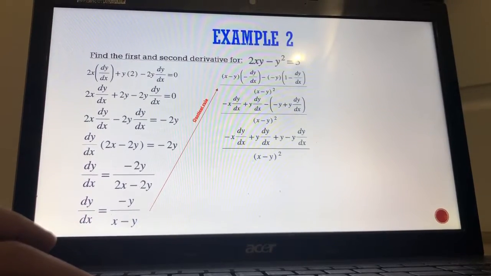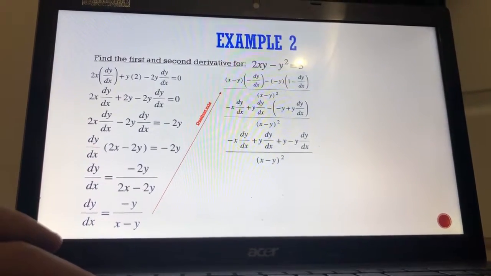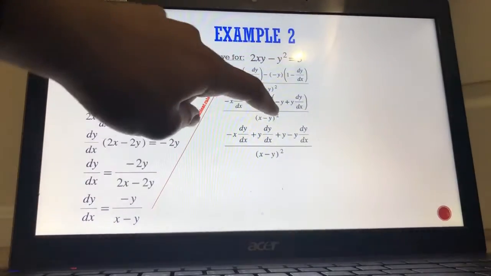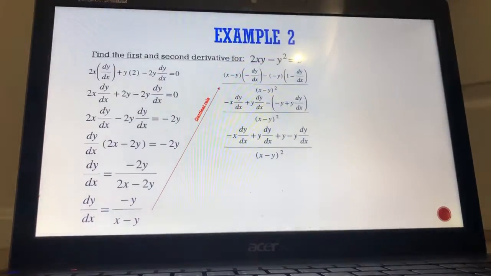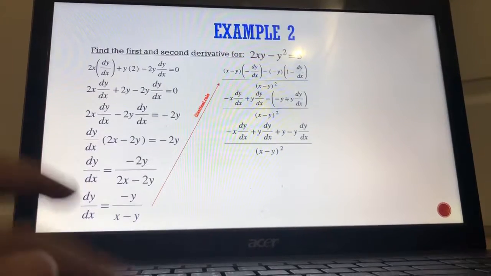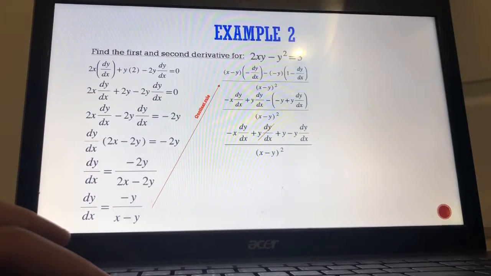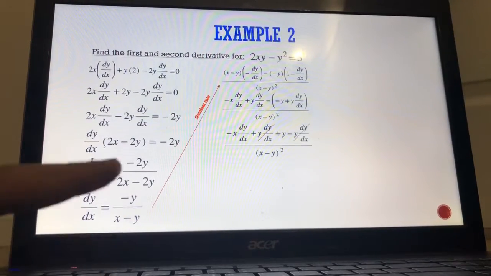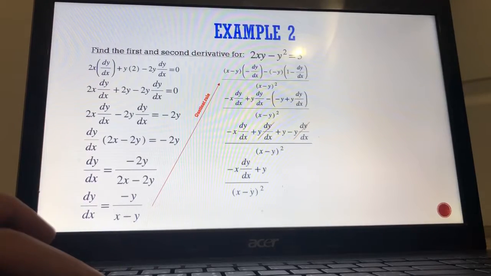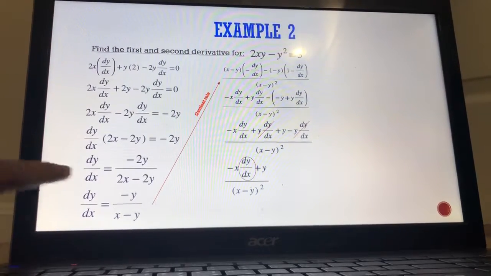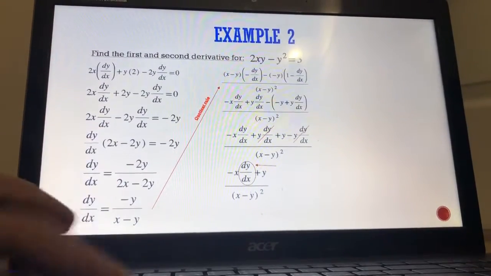After that, we have to distribute the negative value, and then the plus y dy/dx and the minus y dy/dx would cancel out. So we'd end up with negative x dy/dx plus y over x minus y squared. The dy/dx needs to be substituted with the value that we found in the beginning.